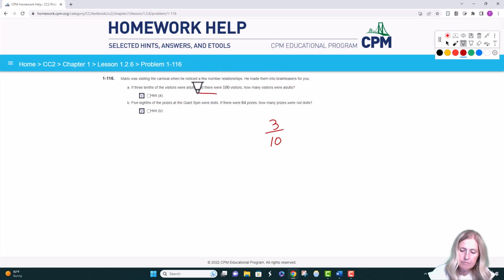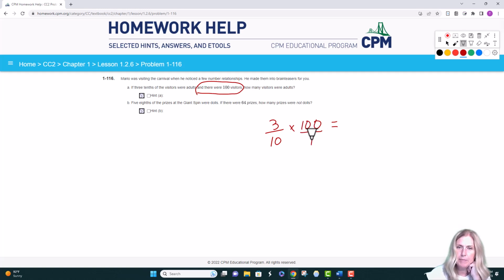It said there were actually 100 visitors. So 3/10 of the visitors, or the 100, you with me on that? How many were adults? So 3/10 of them were adults. All we have to do is multiply 3/10 times 100.